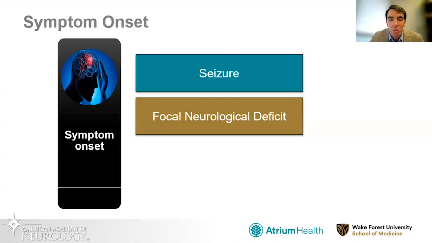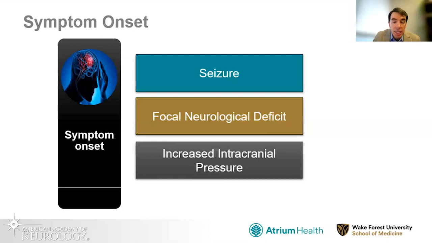Yeah, any idea on, there's one more I'm thinking of. I saw someone in the chat answered increased ICP. Yes. Oh, I love this in the chat. That's phenomenal. So headache can be seen, nausea, vomiting can be seen, headache can be seen with 1,000 things. What you're thinking about with those types of symptoms is, is there increased ICP? Because then your problem isn't the tumor, your problem is the ICP.